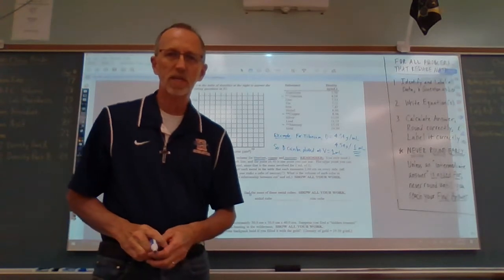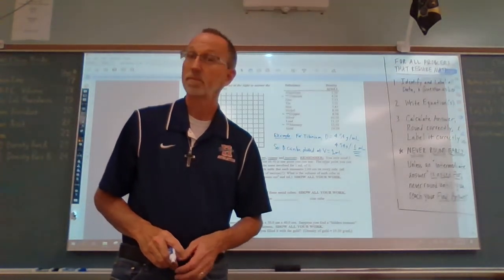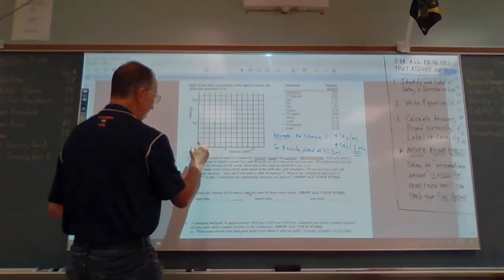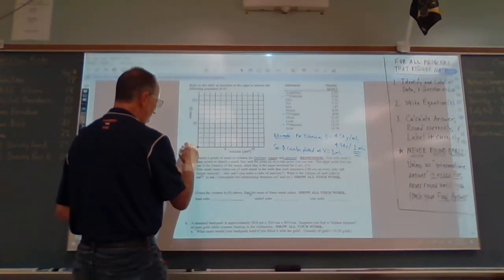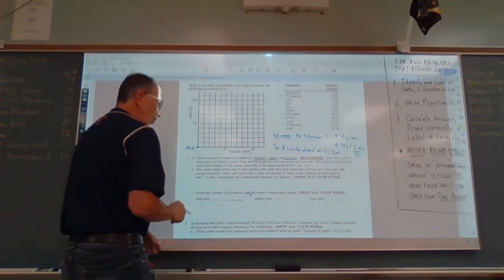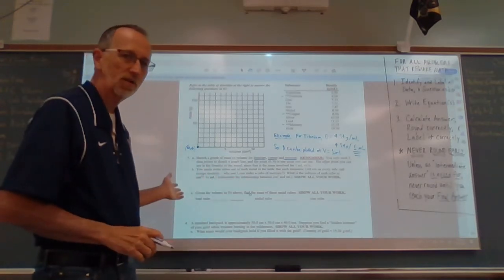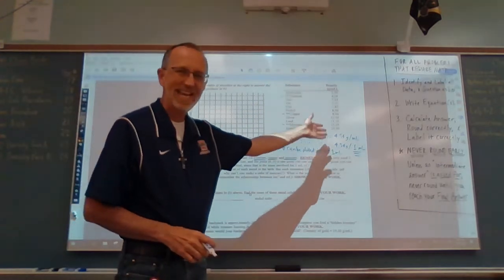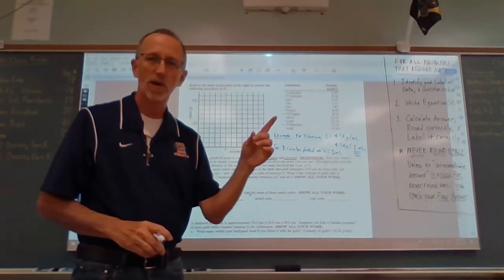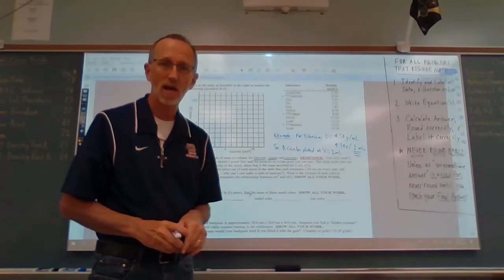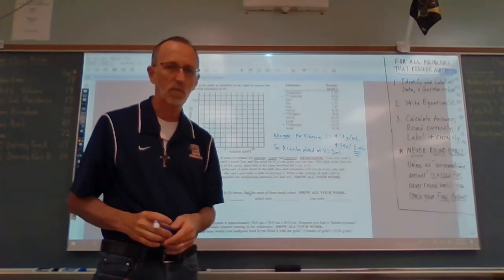What's another point we can use? 0, 0. If we only need 2 points to make a line, right? So if we use 0, 0 as 1 point, and the density of the substance as the other, which would be its mass graphed at 1 ml, we got our 2 points, away we go.